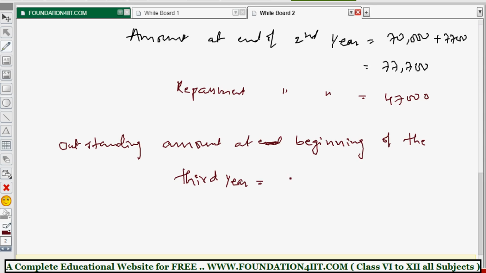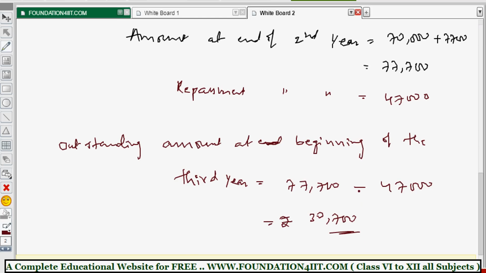So that is total amount after repayment is done. That means 77,700 minus we paid 47,000. Then the rest of amount is 30,700.